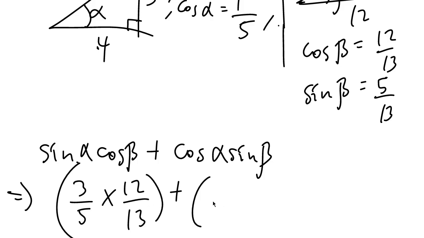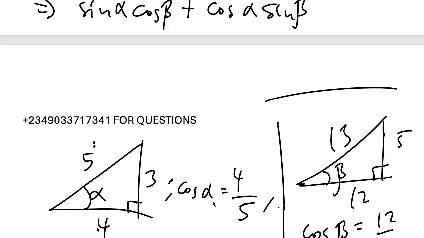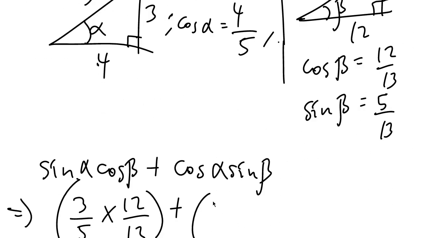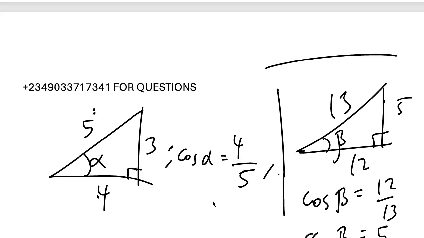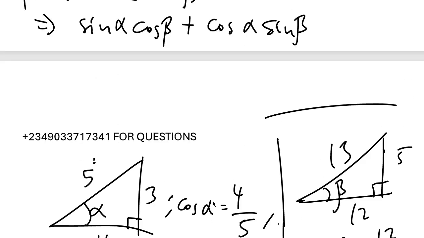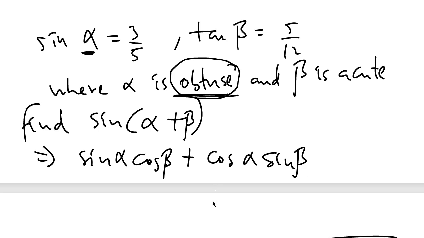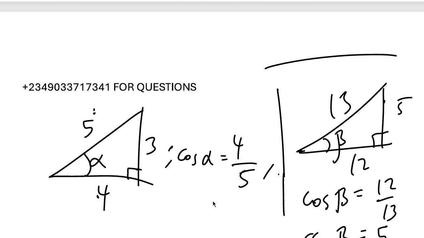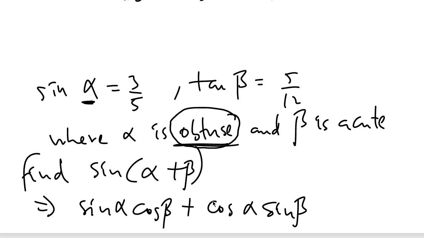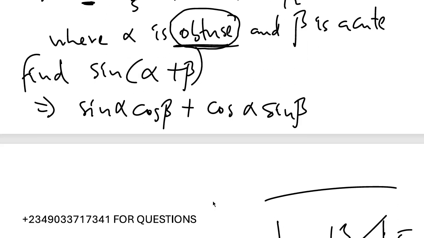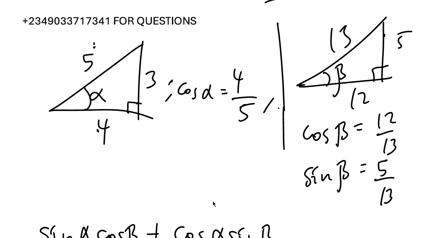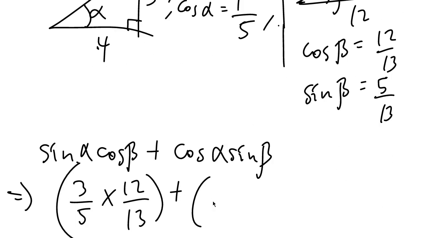But coming to cos alpha, which is 4 over 5, it would be wrong to just write 4 over 5. That's why you must be careful, because sine alpha is 3 over 5 and alpha is obtuse, and cos is not positive in the obtuse region, because obtuse is 90 to 180, and cos is positive only in the first and fourth quadrants. So what you are going to record here is negative 4 over 5, since alpha is obtuse, multiplied by sine beta, which is 5 over 13.